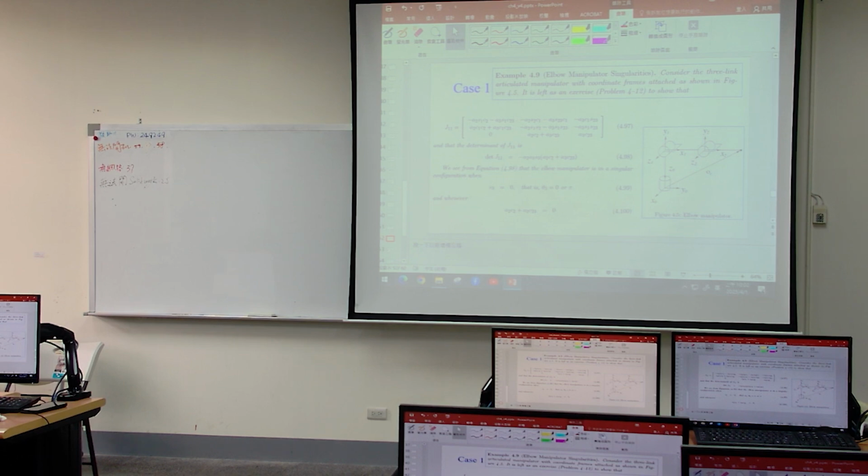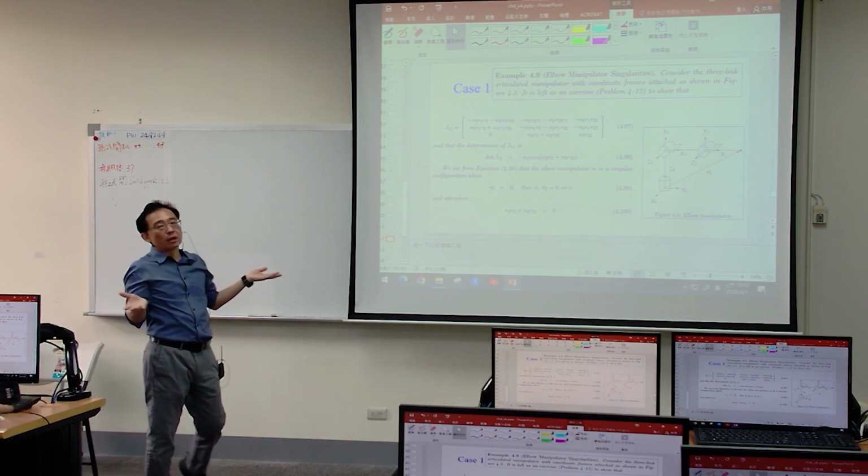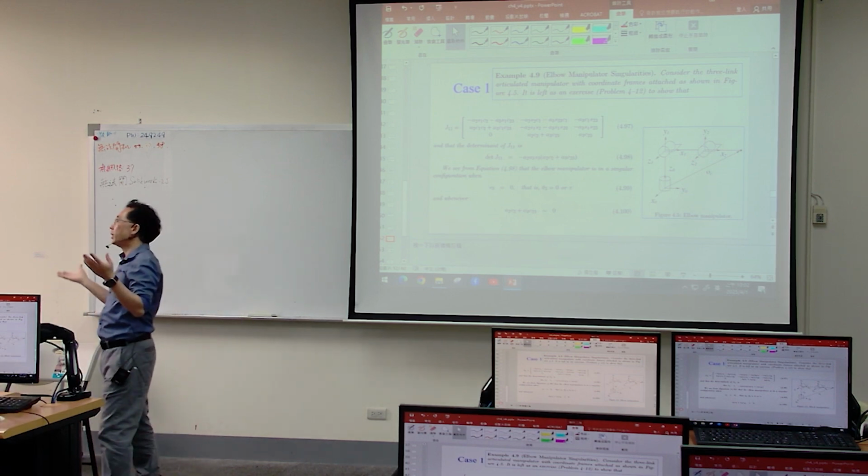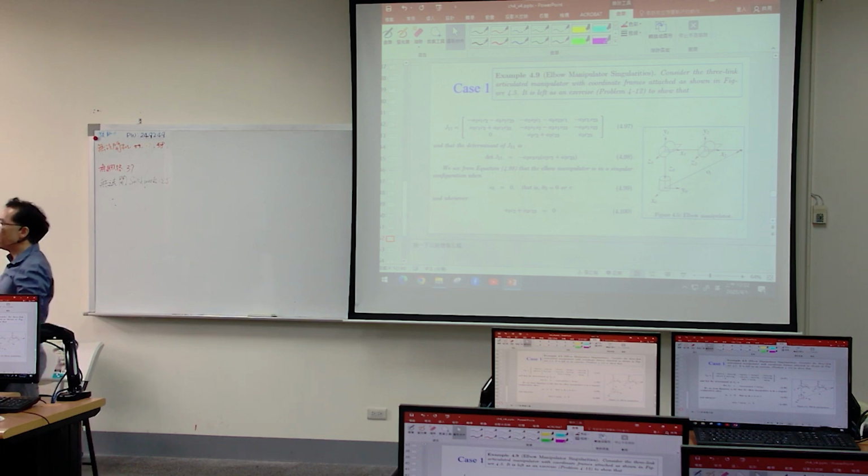So in this case, if I need the determinant of J11 to equal 0, then S3 needs to equal 0. S3 equal to 0 means theta 3 equals 0 or pi. So you already defined the angle at which the singularity will show up, which is theta 3 equal to 0 or pi.